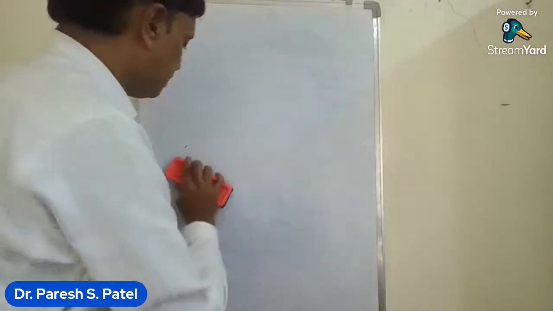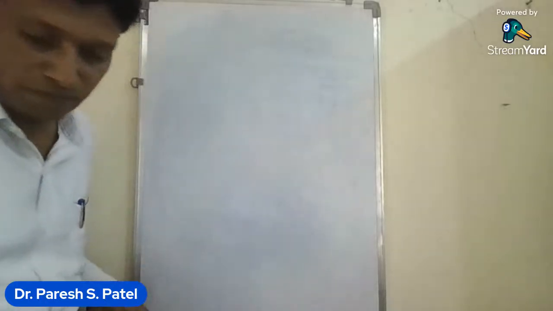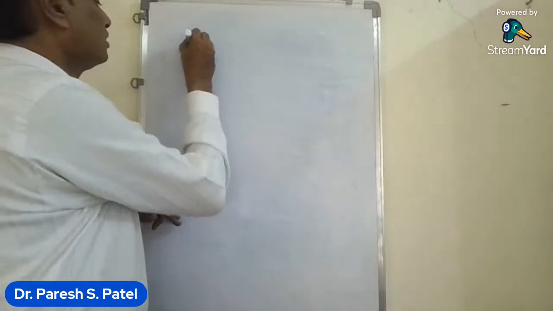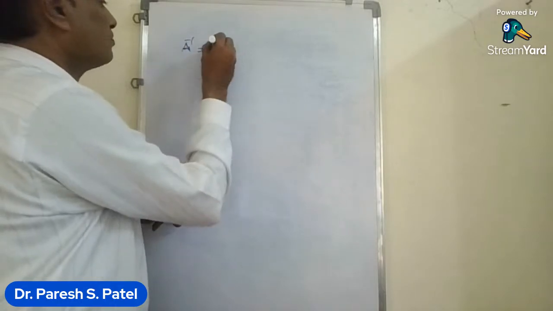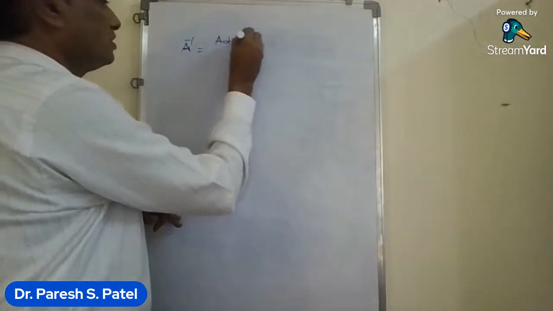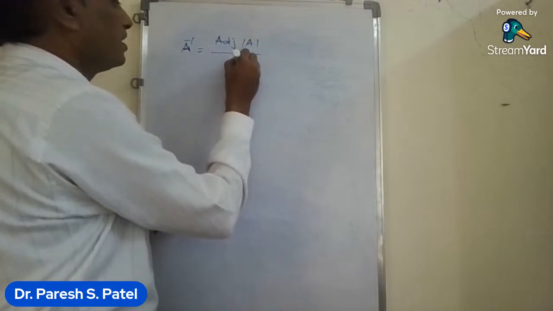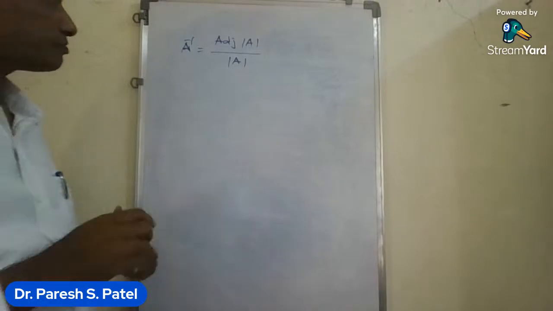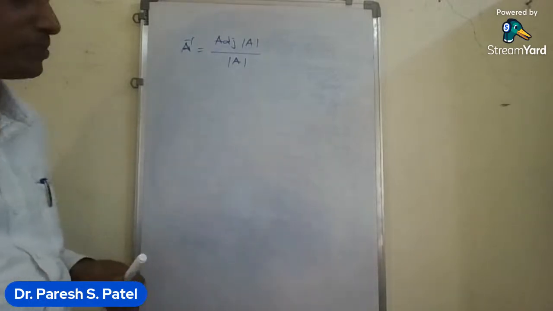Now, in case of the three-dimensional matrix, the inverse for the three-dimensional matrix is equal to adjoint A divided by the determinant of this matrix. So this is the inverse for the three-dimensional matrix.